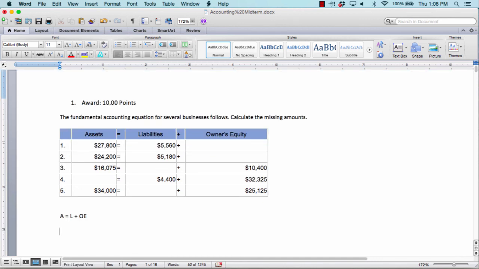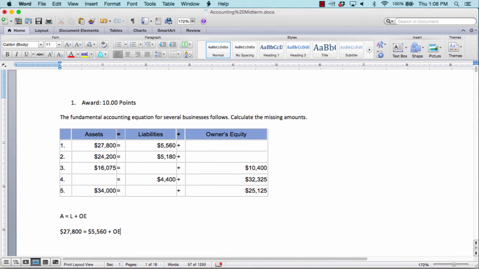I'll do the first one for you. You're given $27,800 as assets, liabilities is $5,560, and you're asked to find out what owner's equity is equivalent to.